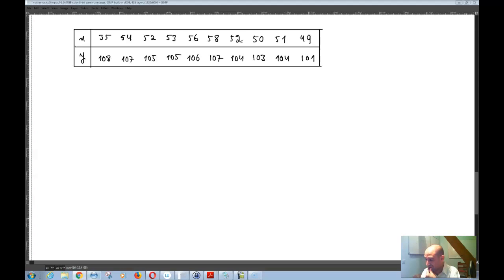And so the variance, or sigma 1 squared, is equal to 35. Standard deviation is equal to this. The mean is 51. The mean is 105.